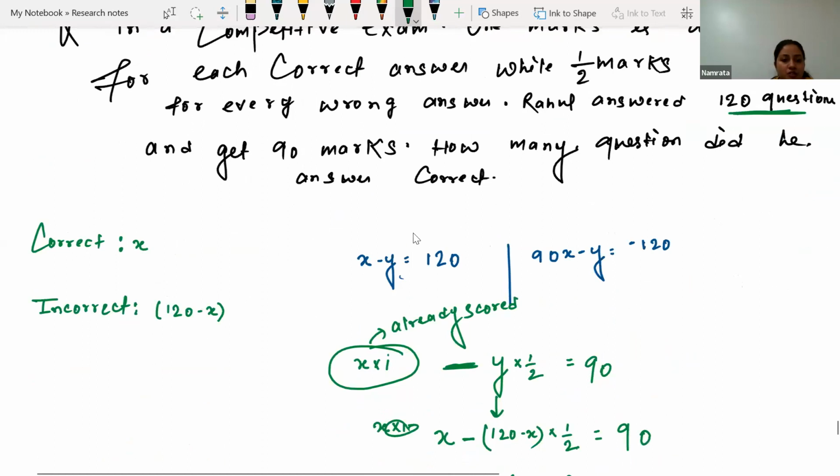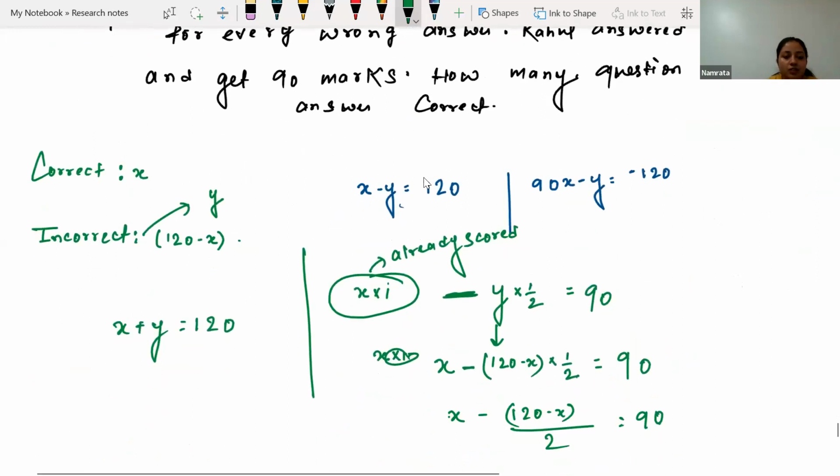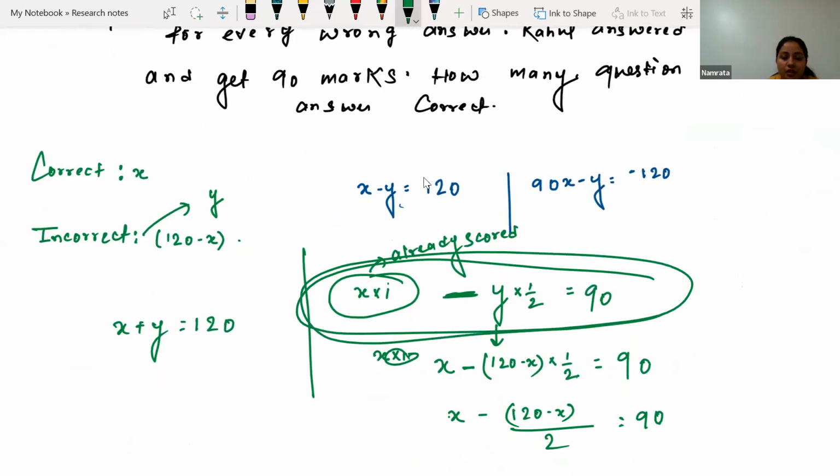Or if you try framing two equations, we will get X correct questions and Y. Let's say we are not taking 120 minus X, we are taking Y only. Then X plus Y is equal to 120, as there are 120 questions in total. The other equation is the one we wrote at first: X correct questions give X into 1 marks, and Y incorrect will lose marks.